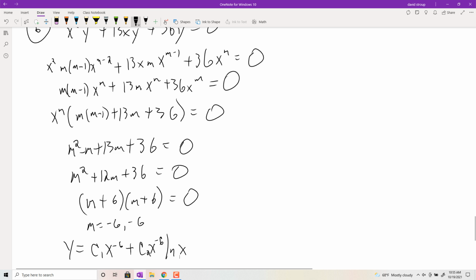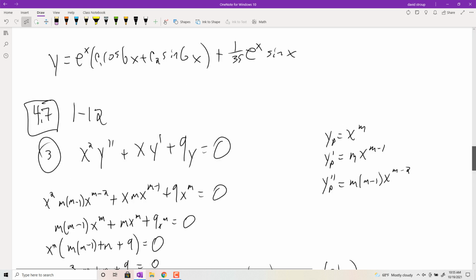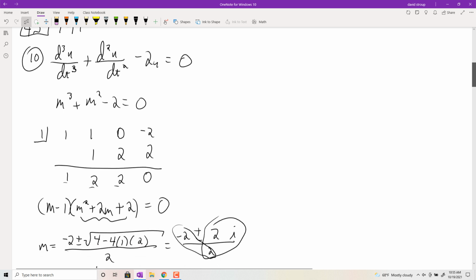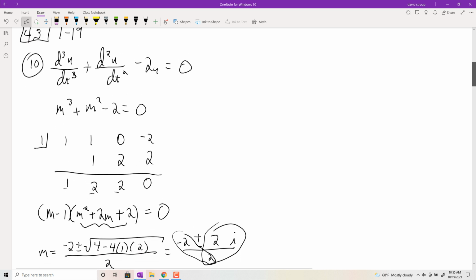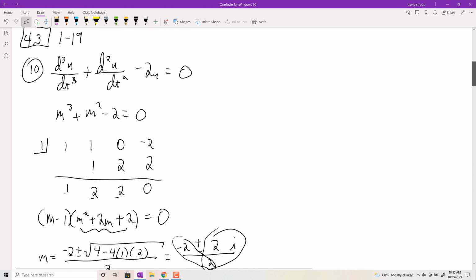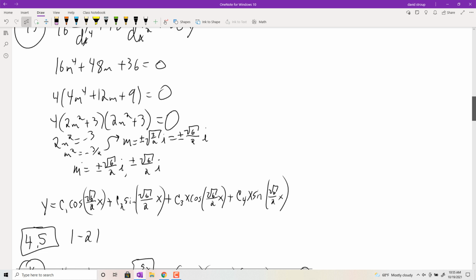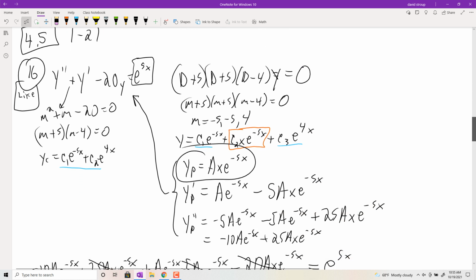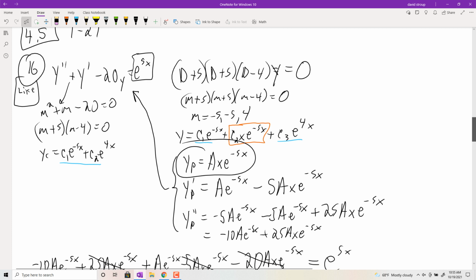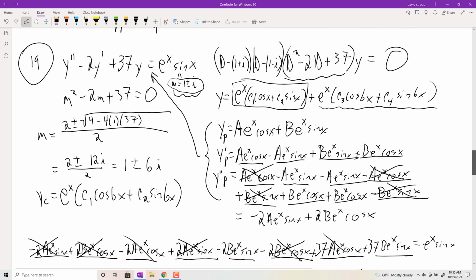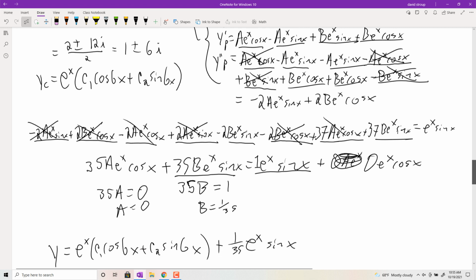All right, so again, just these 4 basic types of problems: Wronskians, linear, homogeneous, differential equations with constant coefficients. I promise not to do any super high order. Then 4.5, we're looking at linear differential equations, constant coefficients, non-homogeneous, and again, I promise not to put any like number 19 on there where you're doing tons of derivatives.